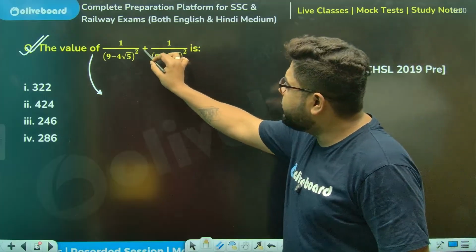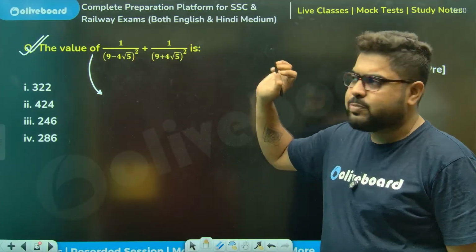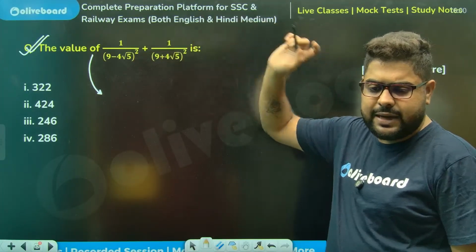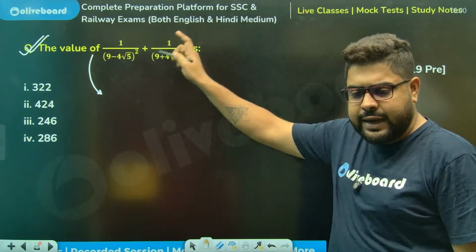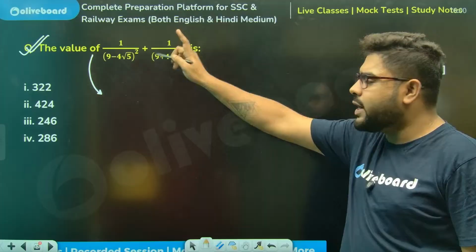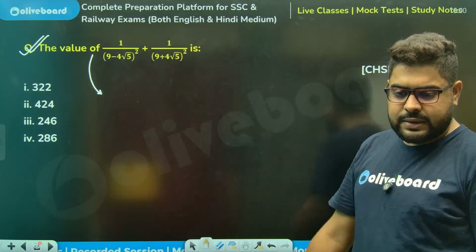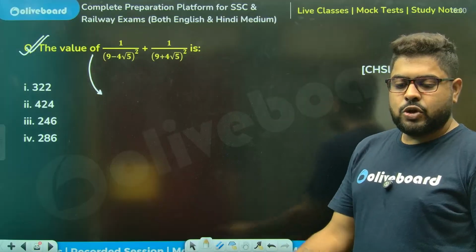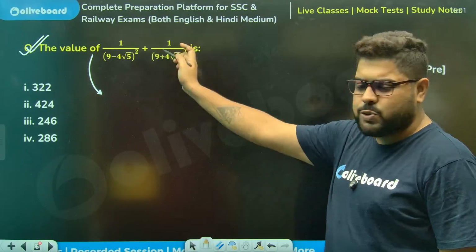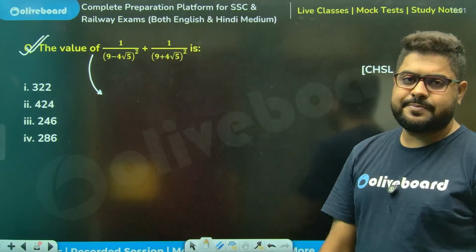Because you understand, even if you do the whole square, a square plus b square plus 2ab, whatever, it will still have the surd. You cannot get rid of the surd. You can try, but the surd will remain because that 2ab term will have the surd. So please understand, don't do anything. Keep it whatever it is.